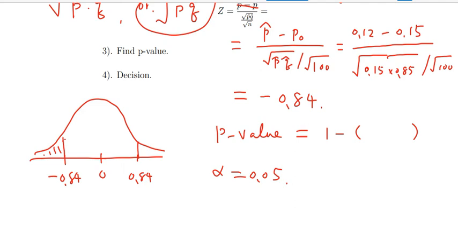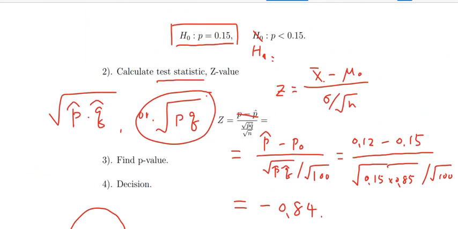In this case, the p-value will be larger than this alpha. So our conclusion is we cannot reject the claim. We cannot reject the claim even though we have some evidence.